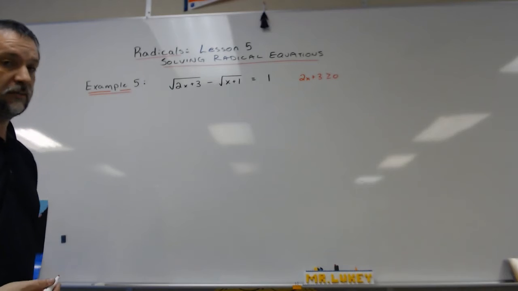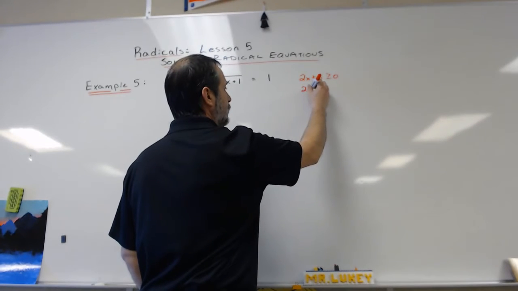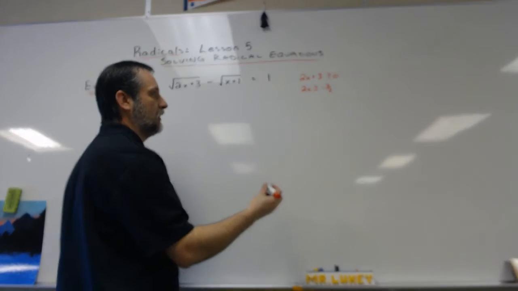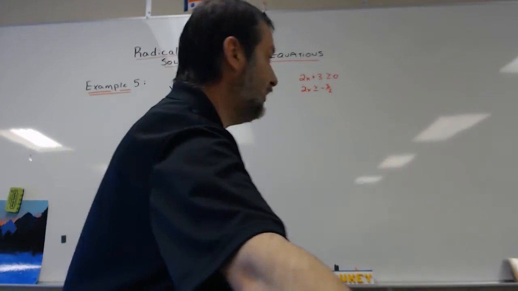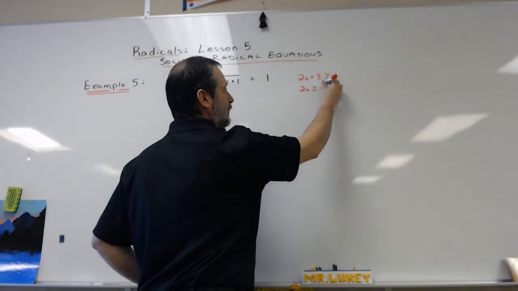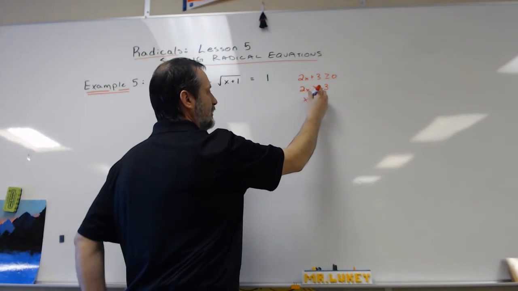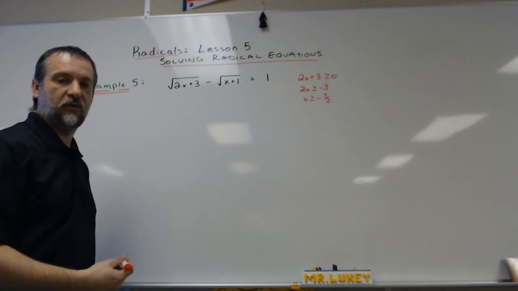We know that 2x plus 3 must be greater than or equal to 0, which means 2x must be greater than or equal to negative 3, which means x must be greater than or equal to negative 3/2.